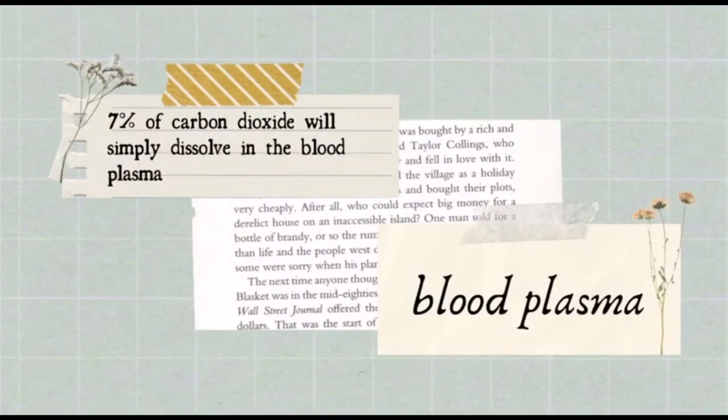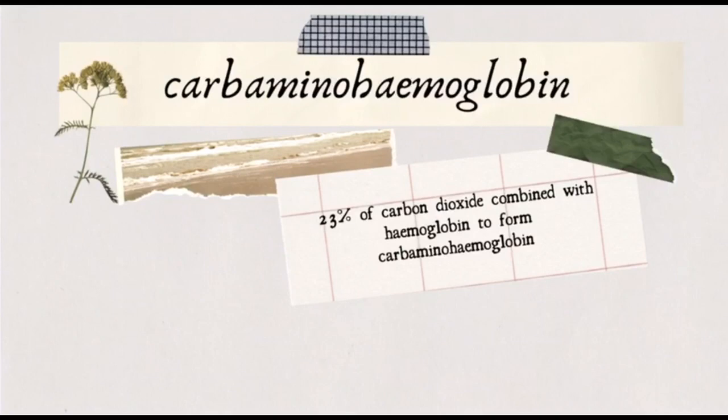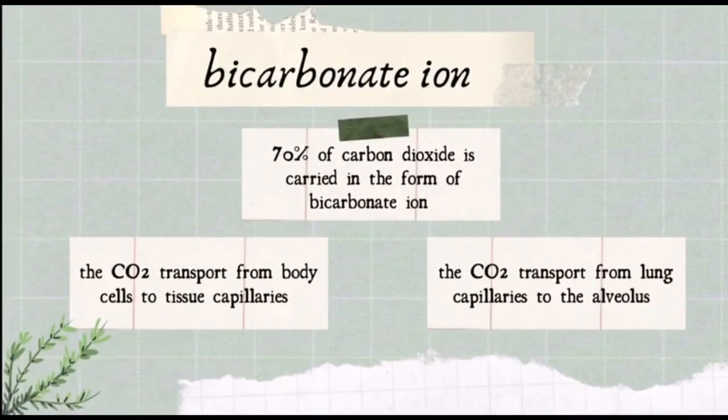Firstly, the blood plasma. 7% of the carbon dioxide will simply dissolve in the blood plasma. Secondly, carbaminohemoglobin. 23% of carbon dioxide will combine with hemoglobin to form carbaminohemoglobin. And the last one is bicarbonate ion. 70% of carbon dioxide is carried in the form of bicarbonate ion.